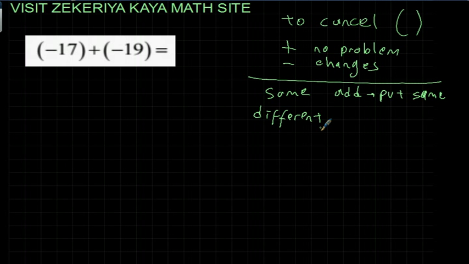You cancel all the things, you have just plus minus numbers, okay? For this case, if the signs are different, find the difference, that's right, difference, and you must put the bigger number's sign.